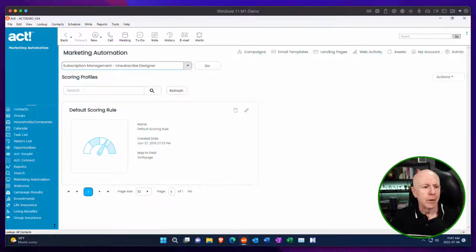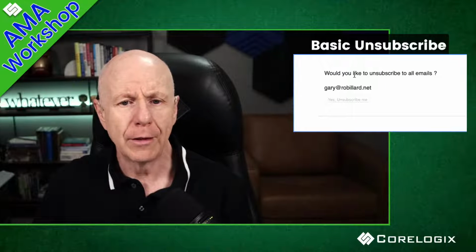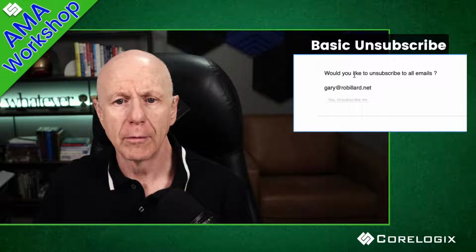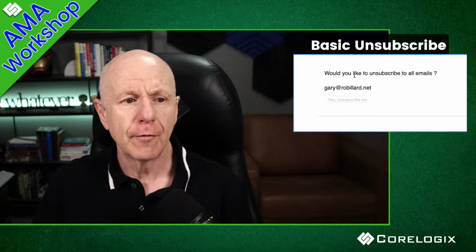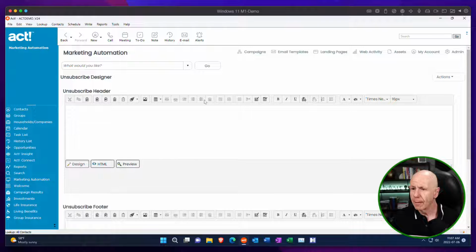Now, going back, let me just pop back here really quickly. If you don't do anything, if you just leave it the way it is, this is what's going to get sent out. Would you like to unsubscribe from all emails? Yes, and Bob's your uncle. That's all you get to do. If you change anything in the unsubscribe designer, this is where you can actually type out your message as opposed to "do you want to unsubscribe?"